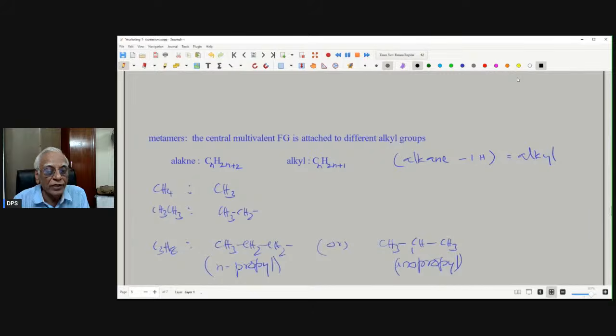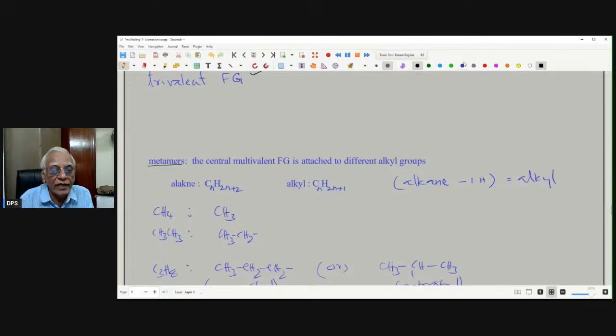Now let us come to the definition of metamers. The central multivalent functional group is attached to different alkyl groups. For example, let me take ether. I have a CH3 here, O here, and C2H5 here.